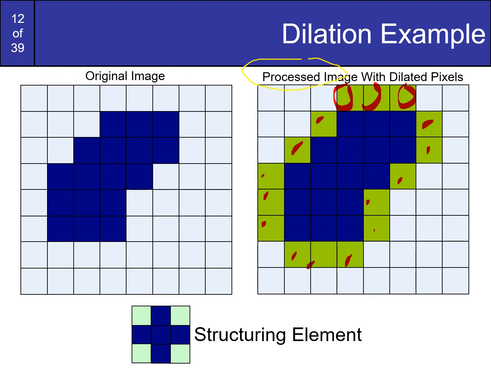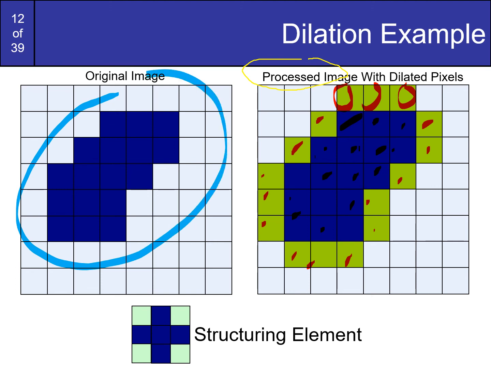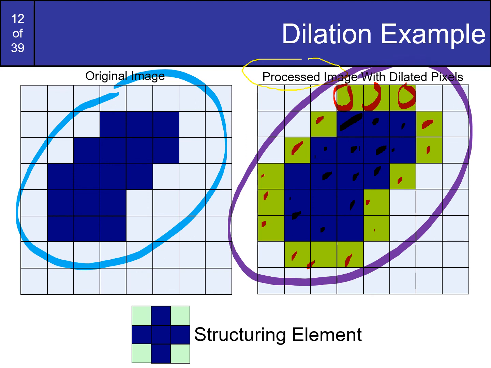We can see a clear increase, or expanding, of object size compared to the original image. This is the original image, small, but now we have a bigger object in the processed image.